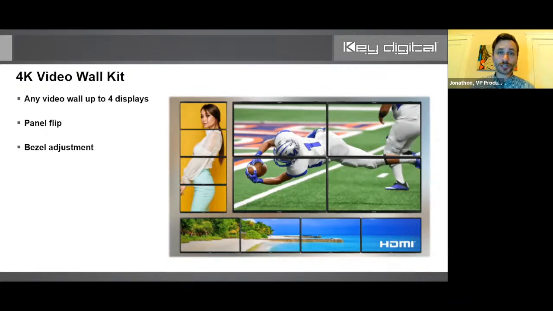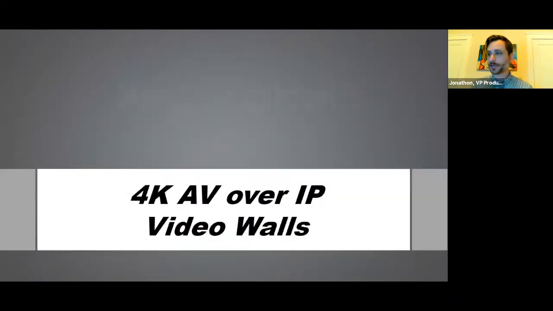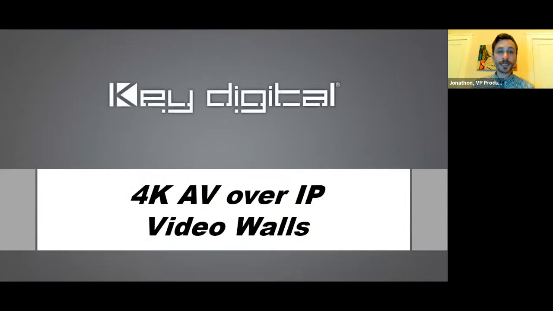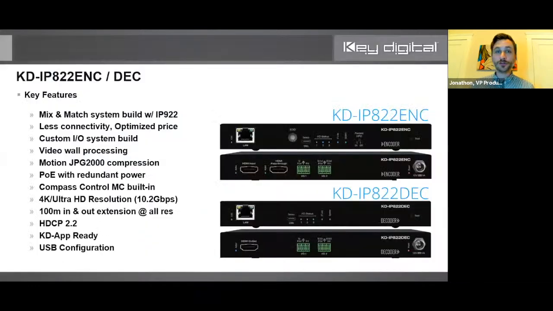And in fact, I'm going to show you how the bezel adjustment is done. It's a little different on the AV over IP, and it's very, very convenient. So again, you've seen already our 4K AV over IP products from a previous video, and you know that you can build video walls with it using our 822s and our 922s.